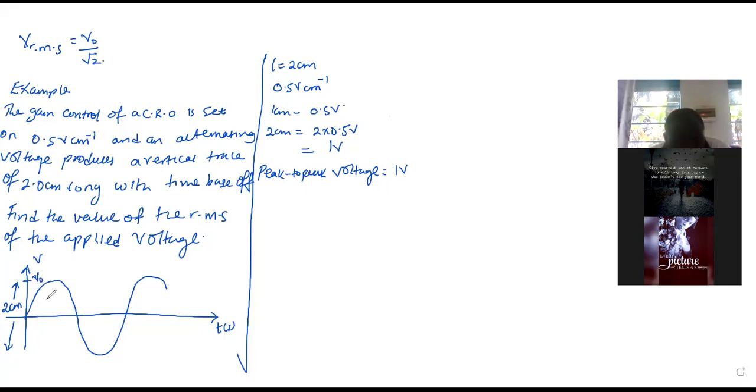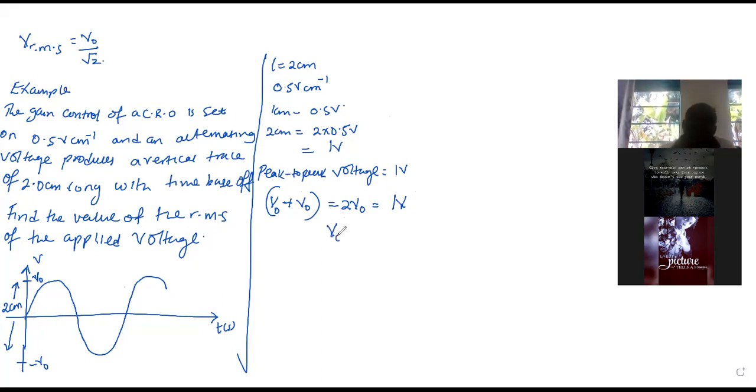There is V naught here. There is a negative V naught down here. Remember that V naught and this other V naught, when you add them together, you'll end up having 2V naught. That 2V naught is equal to the peak-to-peak voltage.